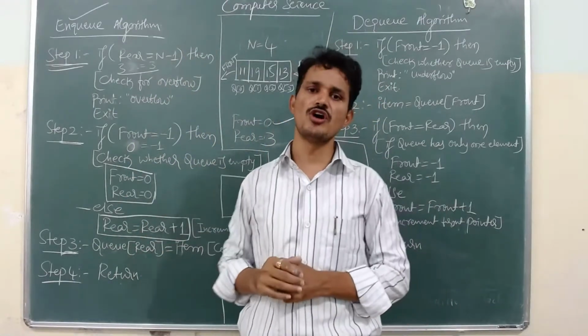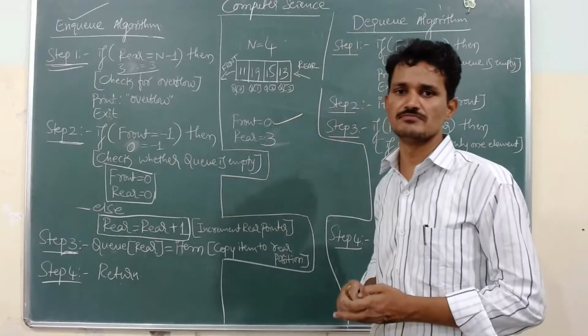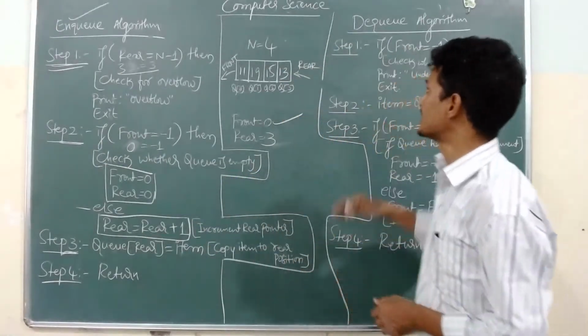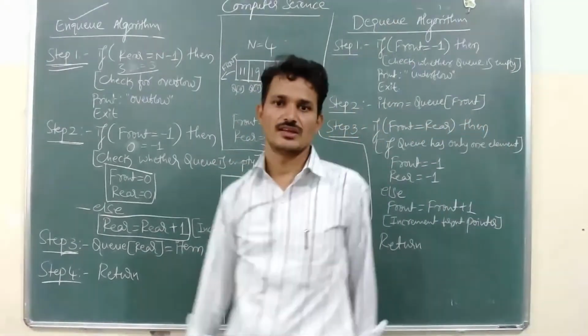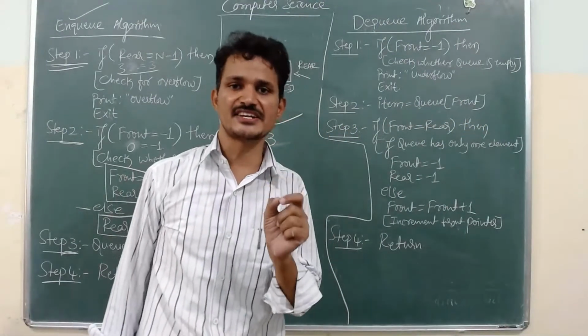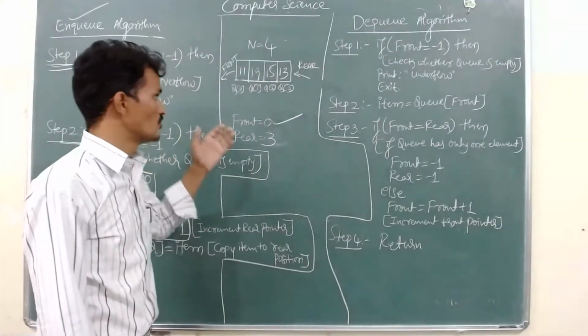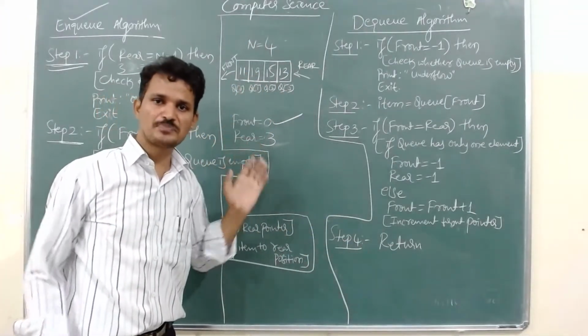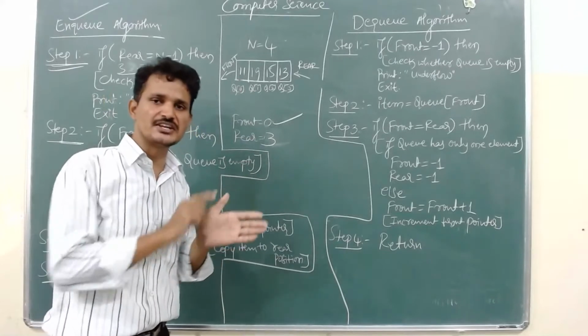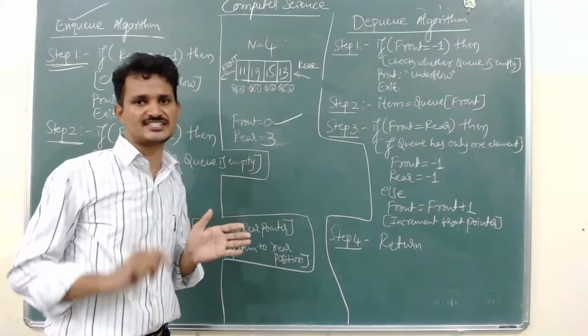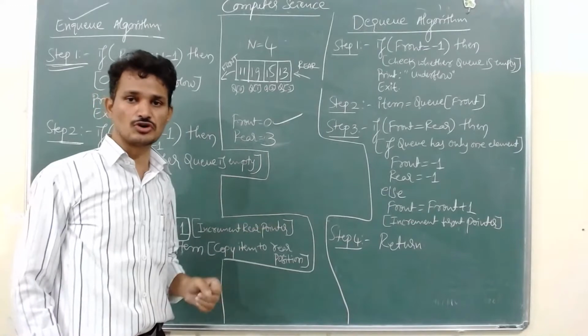And now I'll just move on to the second algorithm in this queue data structure, that is a Dequeue. Dequeue means to delete an item from the queue data structure. To delete, what we have done here now is, initially it was empty. Every time we used to insert a new item into this queue data structure. Initially there were no elements at all.